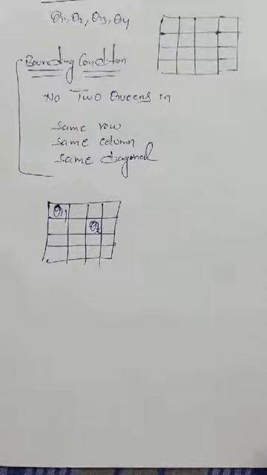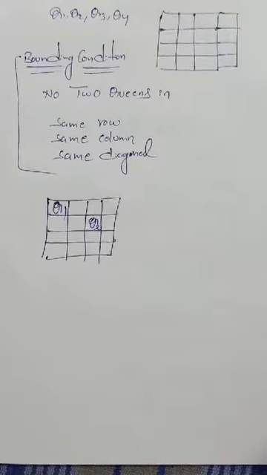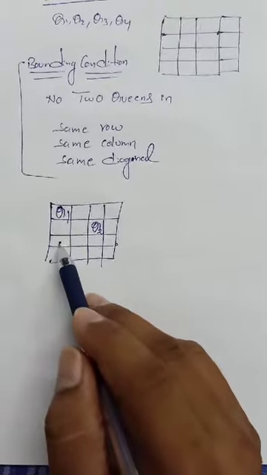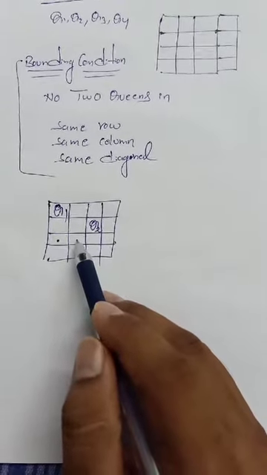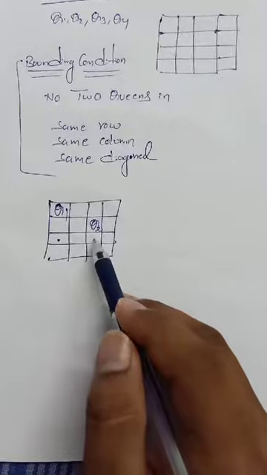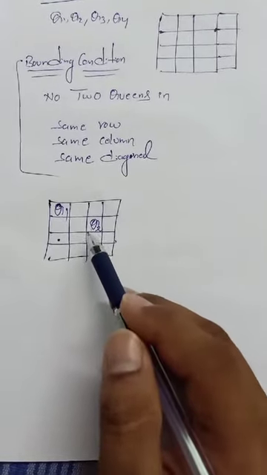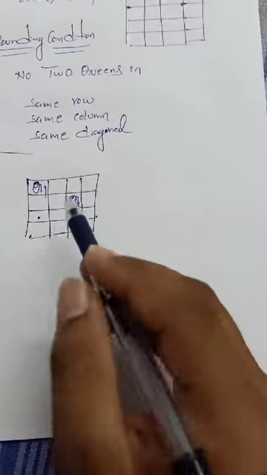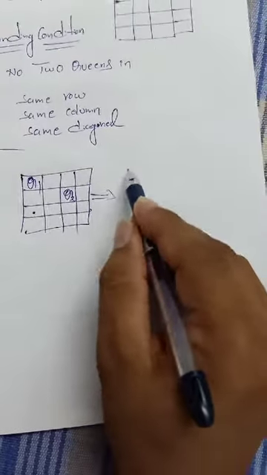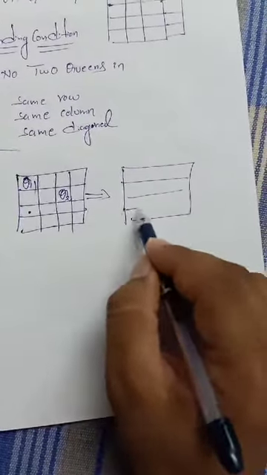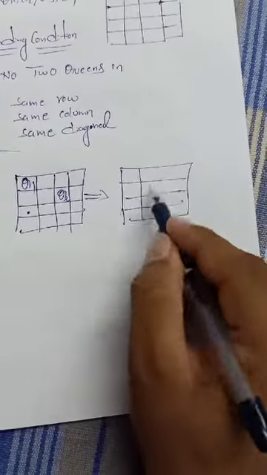In case of q3, if we place it in this cell, same column, or this cell, same diagonal, so our assumption is wrong. So go back, change the place of q2.